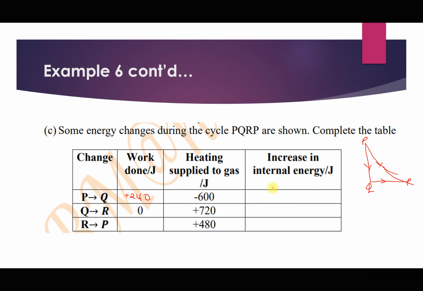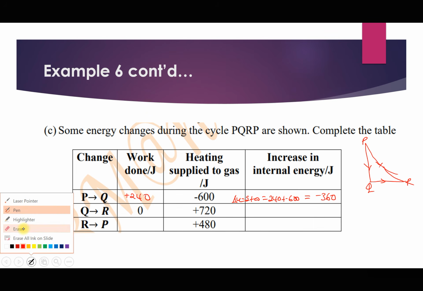We can find the increase in internal energy here. The increase in internal energy is equal to Q plus W, which is equal to 240 plus negative 600, which gives us minus 360.